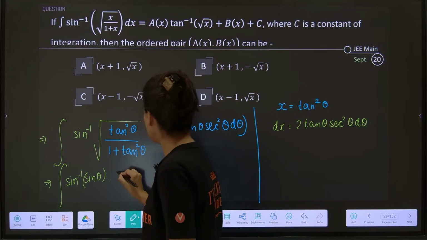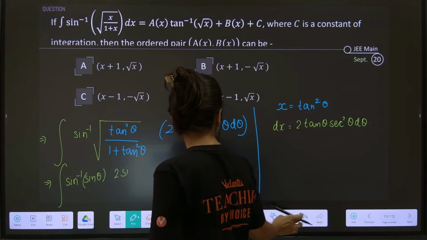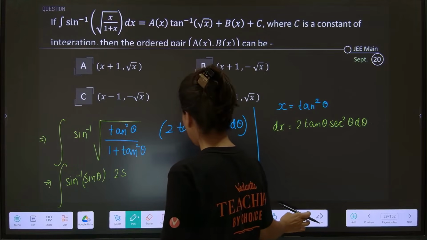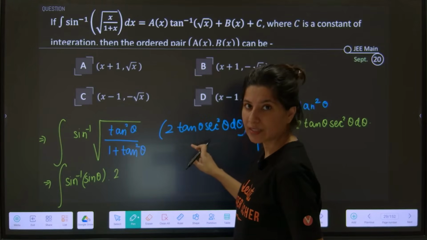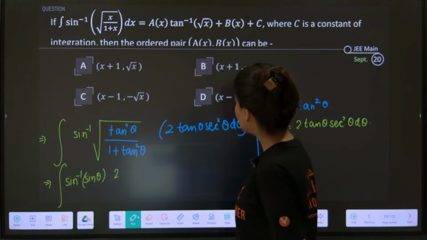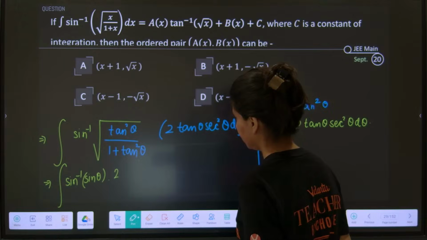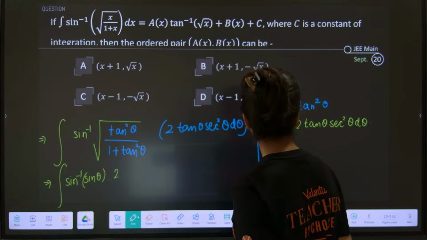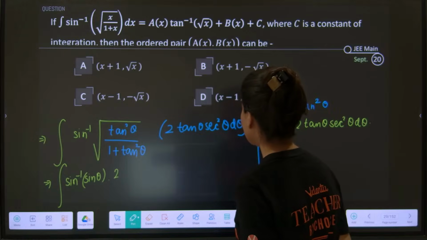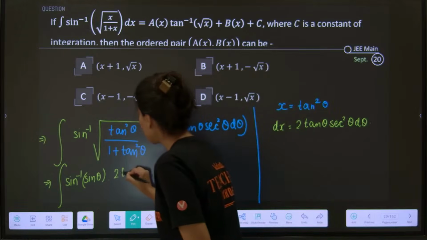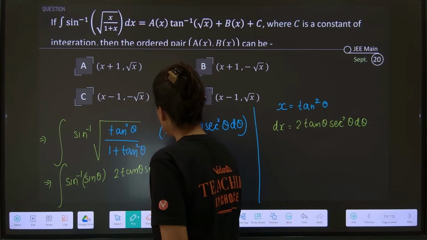Then we have 2 tan theta sec square theta d theta.